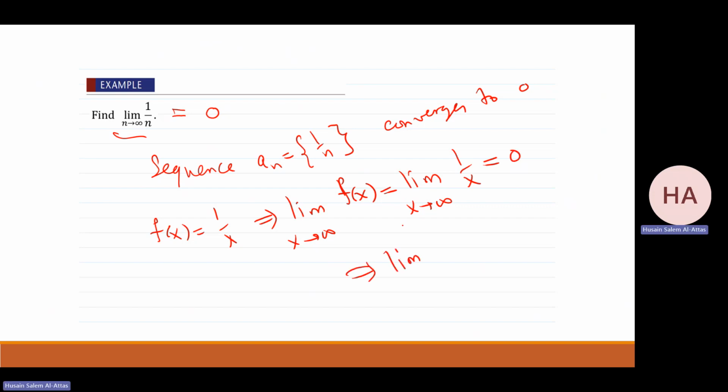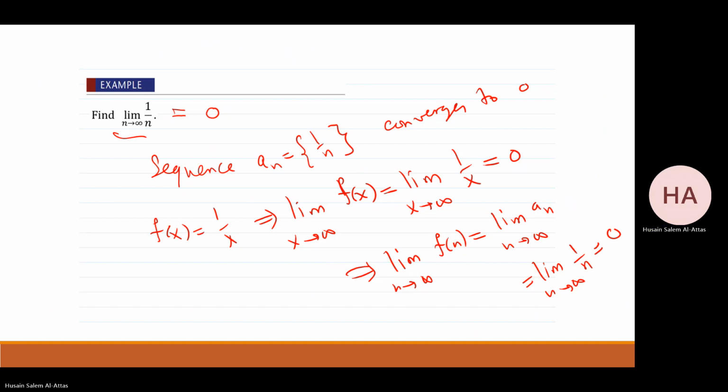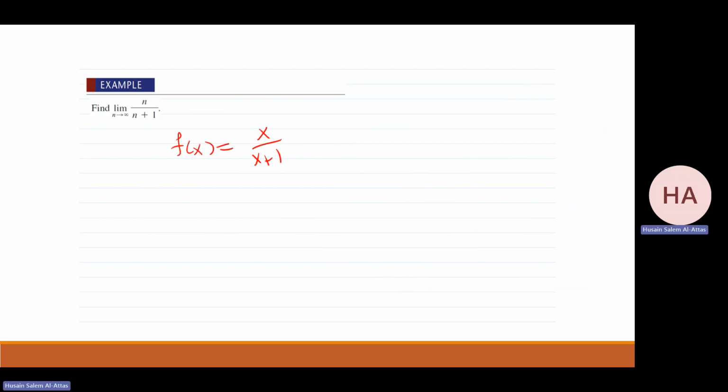So it means the limit of f of n as n goes to infinity, which is the limit as n goes to infinity of a_n, which is the limit as n goes to infinity of 1 over n, will be the same thing.